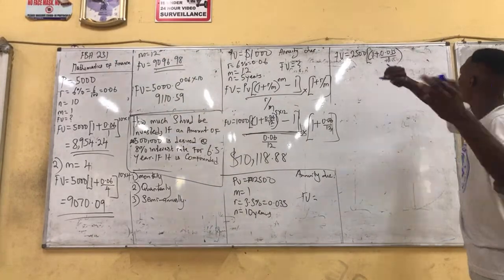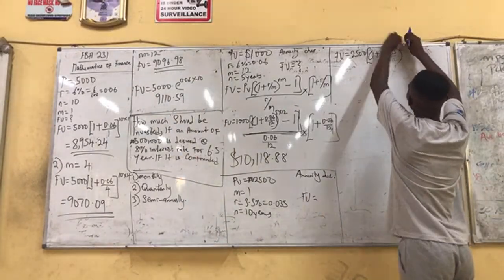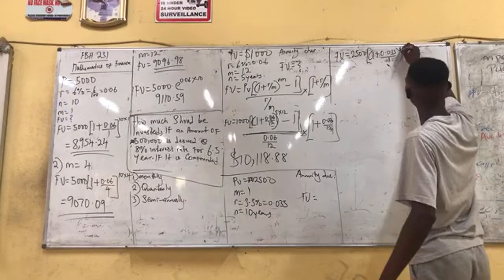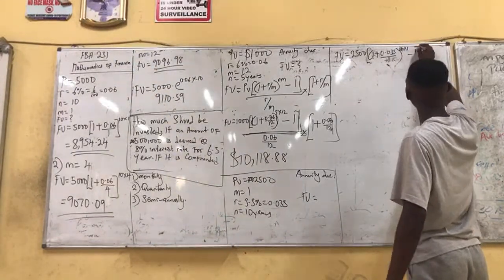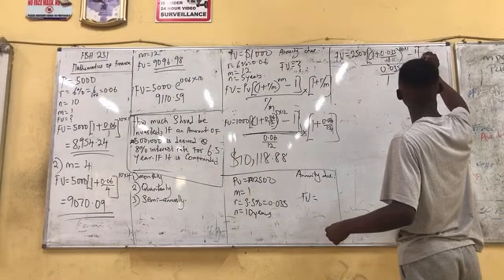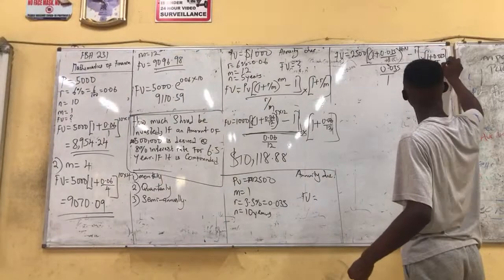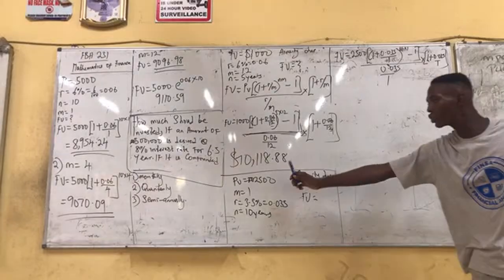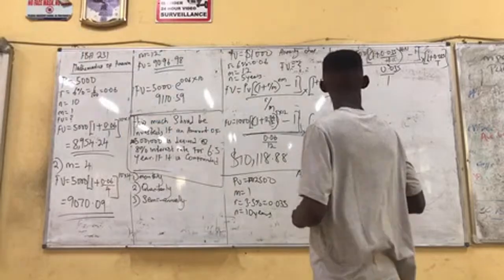Close bracket, to the power of 10 years, that's 10 times 1, minus 1, close the bracket, over 0.035 over 1, times 1 plus 0.035 over 1. Observe the trend first.